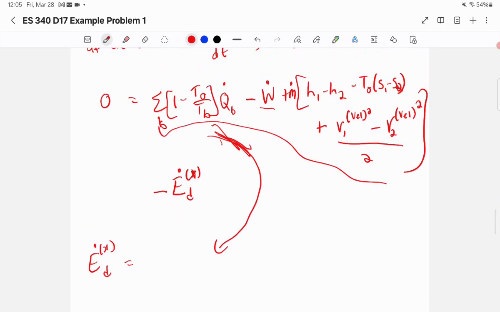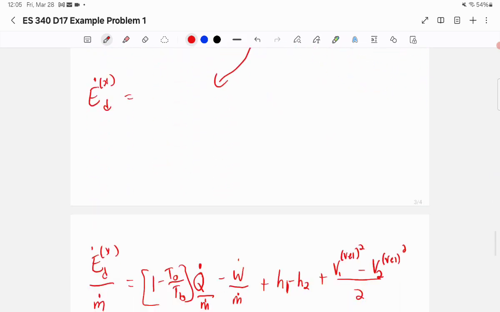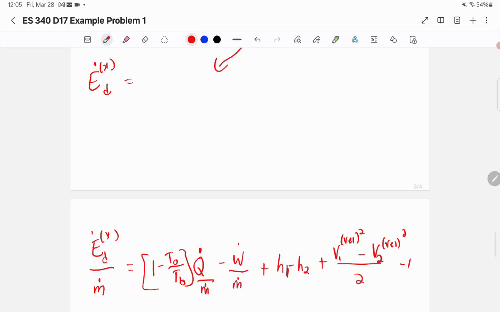I'm writing these terms this way because I think it's convenient. Minus T naught times s1 minus s2.